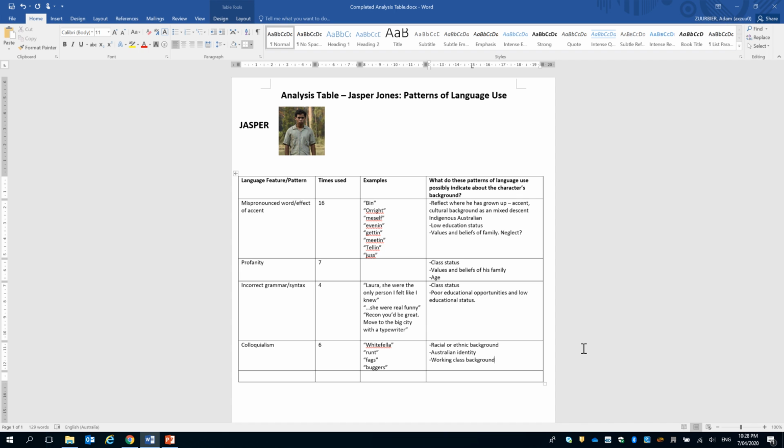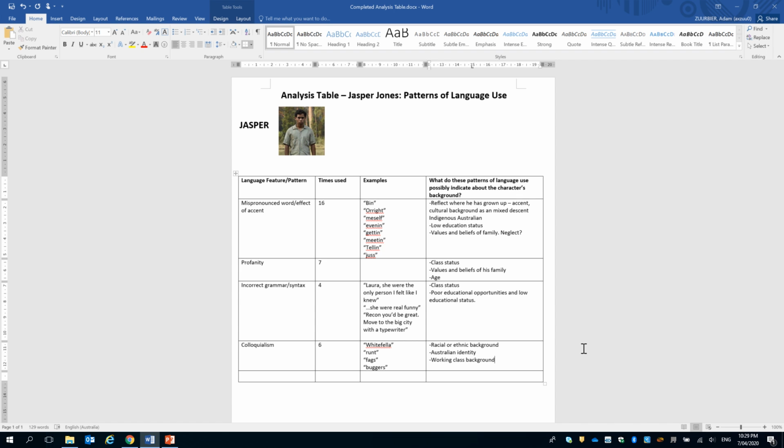His use of profanity could be indicative of his class status, as the use of profanity generally, or in the past, has been more widely accepted amongst people of the working class, and a lot of profane words have originated amongst working class dialects and creoles. Could also reflect the values and beliefs of his family, and the common usage amongst the people that he's grown up around.